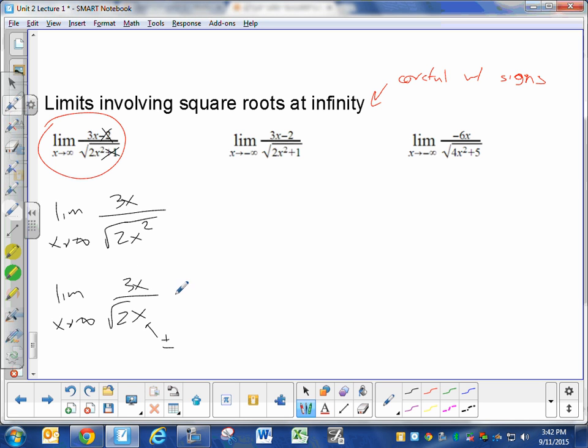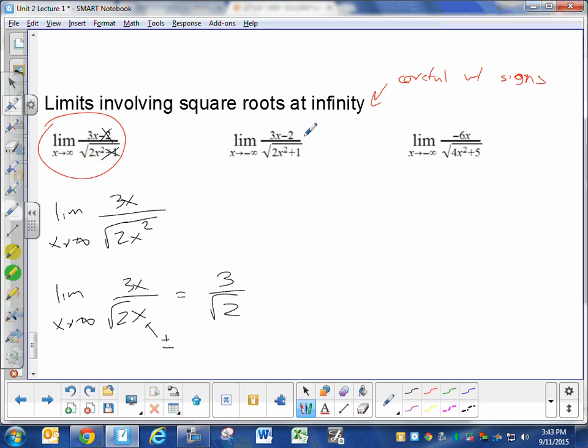The x's will cancel, and your answer will be 3 over root 2. However, you need to check to make sure it's positive 3 over root 2. If I plug in a positive value, the numerator would be positive. The denominator will always be positive because I'm squaring it and then taking the square root. So this is good. This is positive.